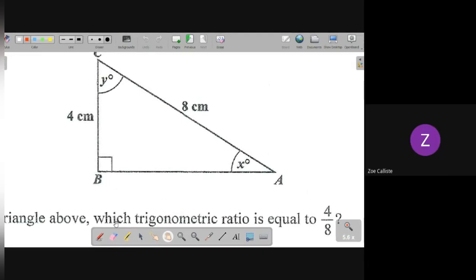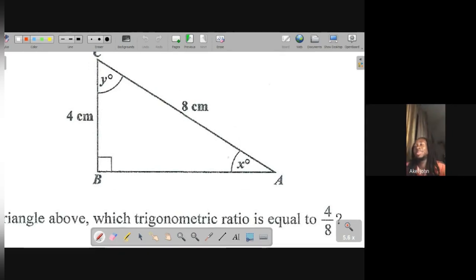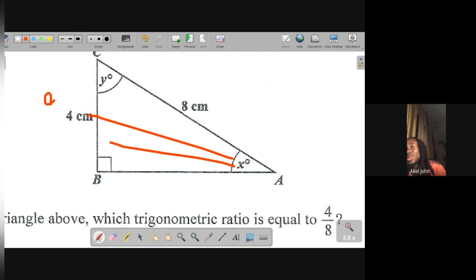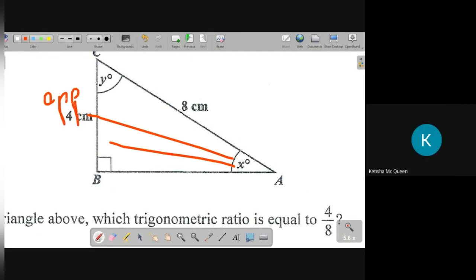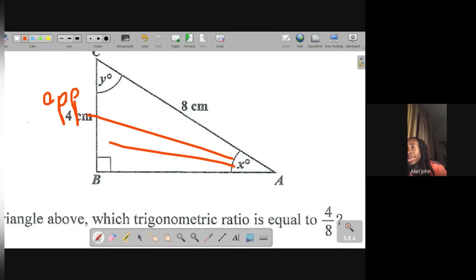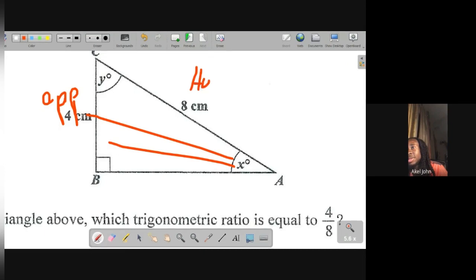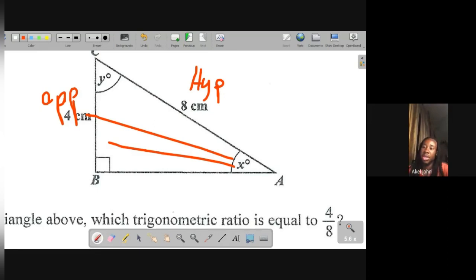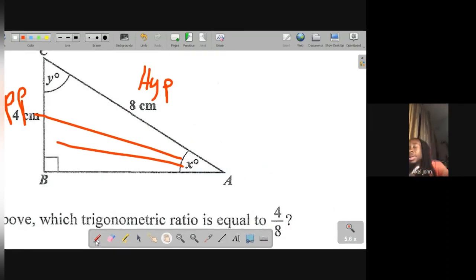So sine. Let me see. This is the opposite over the hypotenuse, because it's 4/8, and the 8 is the longest side, so that's the hypotenuse. So therefore it would have to be sine.